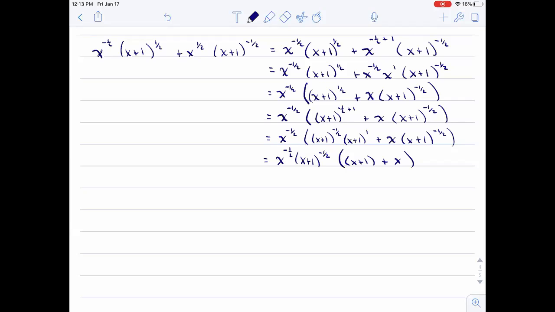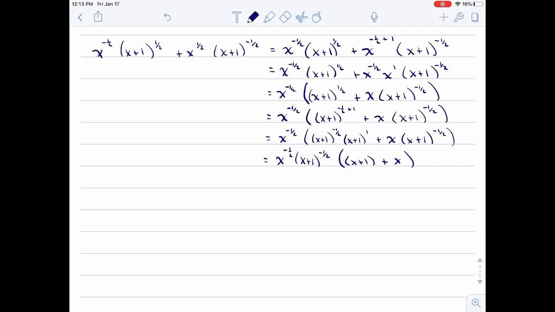You're allowed to do that if you find that it's easier, because then it's easier to see what you can pull outside. Like I said, there's a lot of different approaches that I could think of for this problem. We just picked one and went with it.